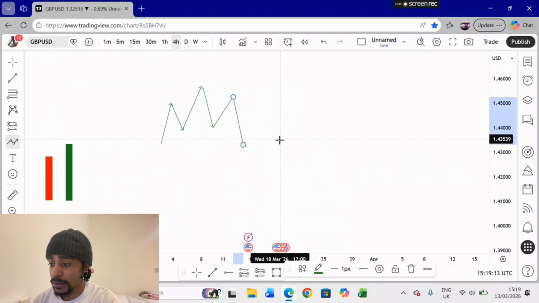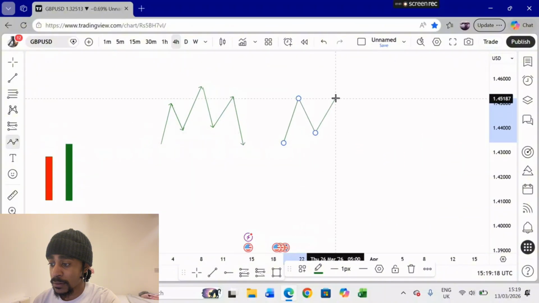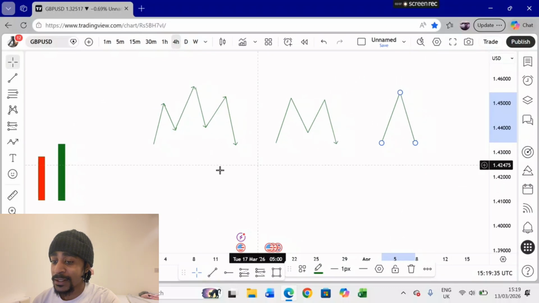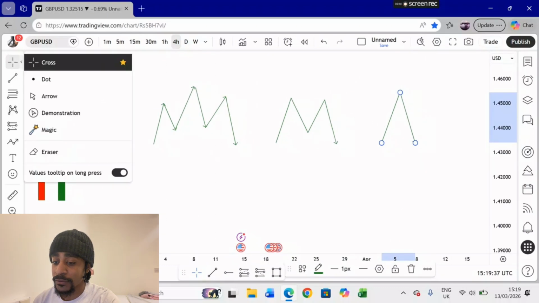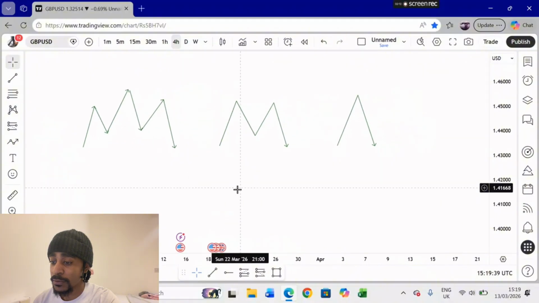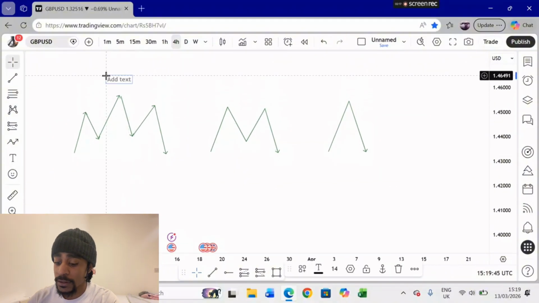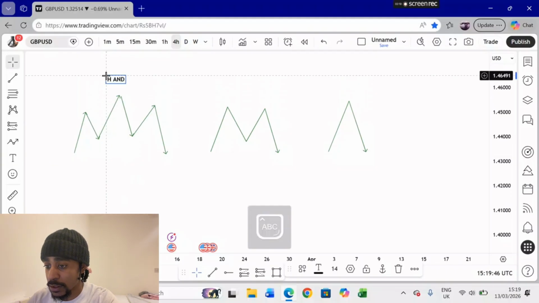I don't know why I've clicked it again. I was just making it more difficult for myself. That's the next one, and then the other one. Boom. So these are the chart patterns that we're going to be covering in this video. Very, very simple.